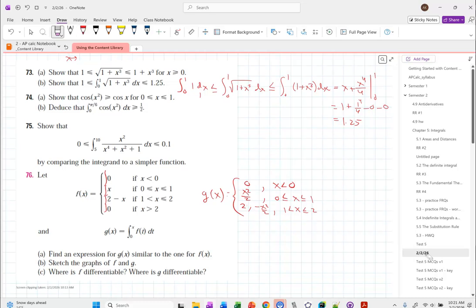Same thing here, just like a triangle. And that ought to do it, I think.